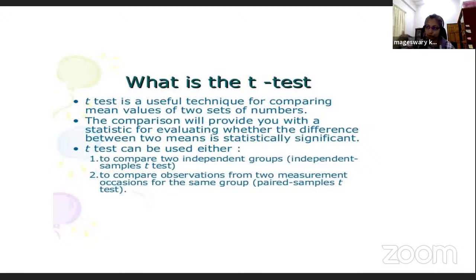They are two different groups. When you compare the mean of the post-test of the experimental group and the mean of the post-test of the control group, two different groups, that is called an independent sample t-test.